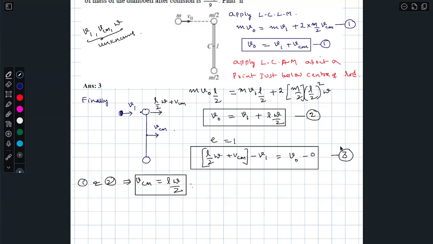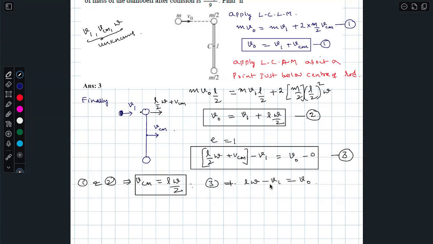Now you again use equations 2 and 3, by doing which you will get the omega term. You have vcm as L omega by 2. Now just use equation 3. Equation 3 gives L omega minus v1 is equal to v0.